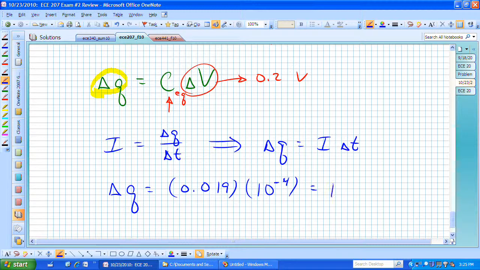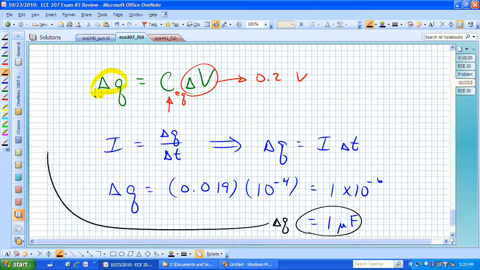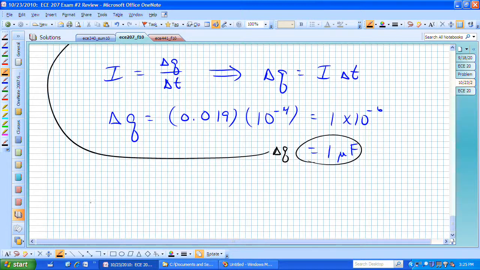Or we now have 1 times 10 to the minus 6, or 1 microfarad, is the delta Q. This value for delta Q can be used there, and now we have this C equivalent value that we can use. It's now delta Q over delta V.